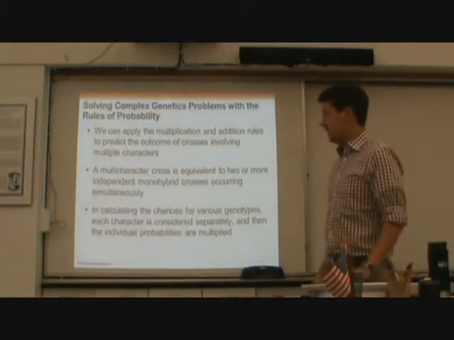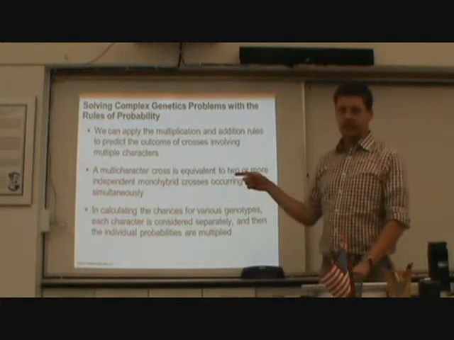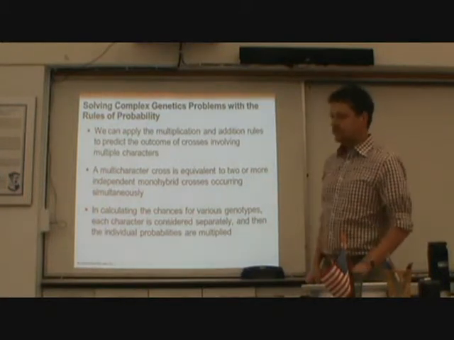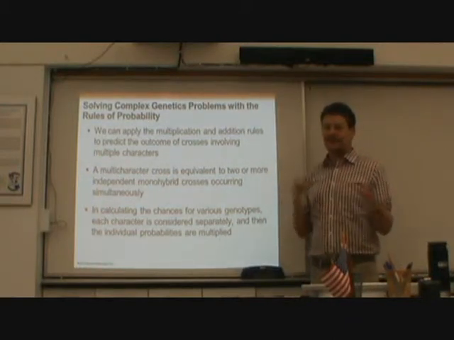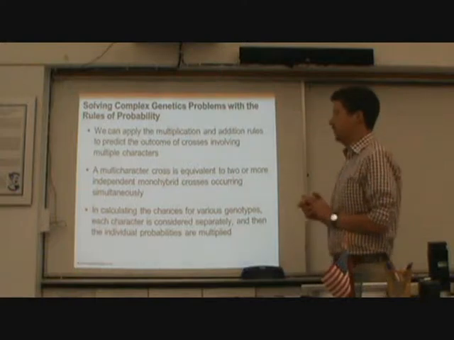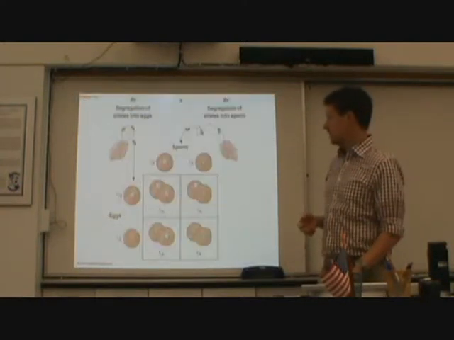Let's look at an example of that. Never mind, we don't have an example of that coming up. Actually, there is an example coming up. But you can use that to figure out what the different possibilities are, like with heterozygous versus homozygous.